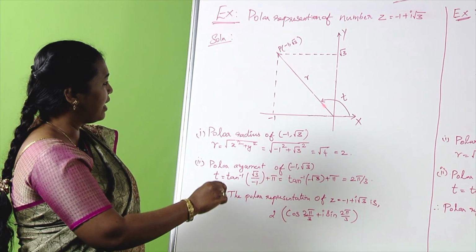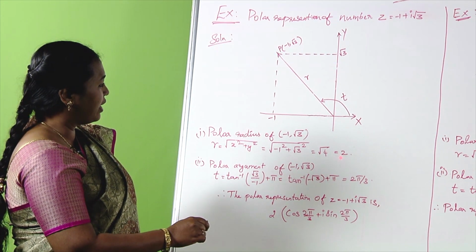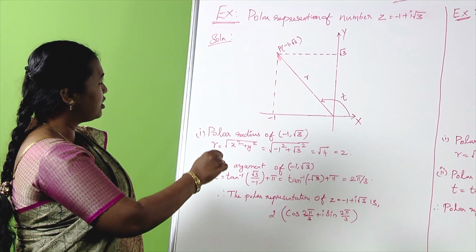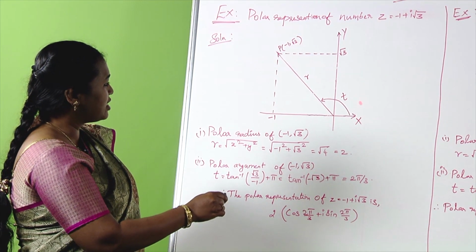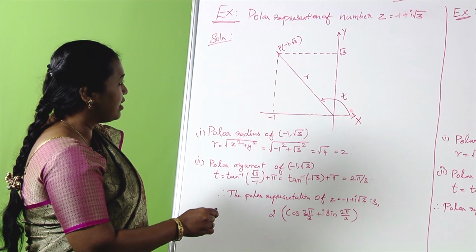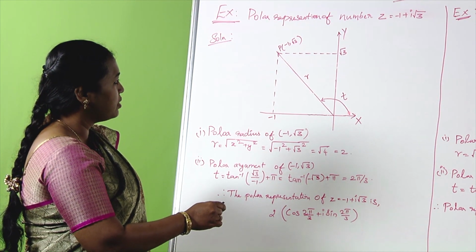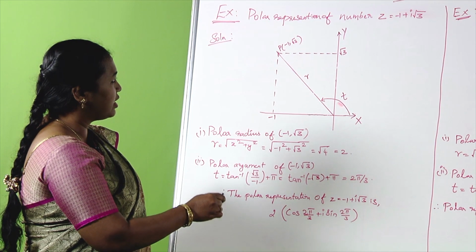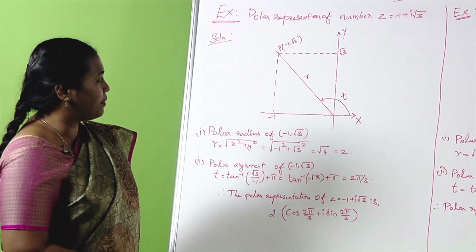This r length is determined by the polar radius, which is equal to 2. So, this length should be 2 and the angle is 2 pi by 3, which is again 120 degrees. You can see that it is an obtuse angle and it is going from 0 to 120 here. Can you see that? So, this is a polar representation.